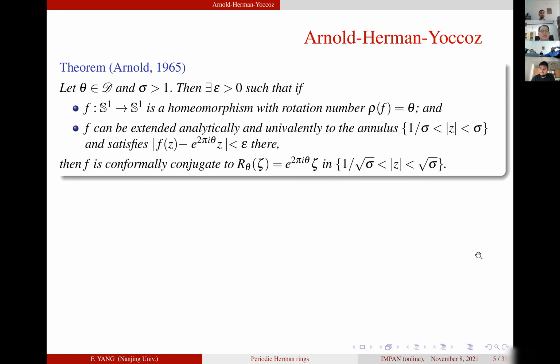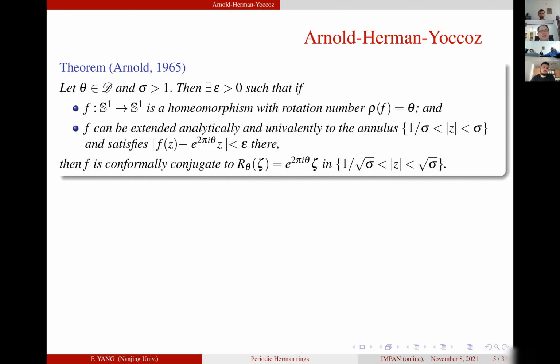Then there exists a positive number epsilon such that if f is a homeomorphism from the unit circle to itself with rotation number theta, and f can be extended analytically and uniformly to an annulus which is a neighborhood of the unit circle, and it also satisfies that it is sufficiently close to the rigid rotation, with the error bounded by epsilon, if f satisfies these two conditions, then f is conformally conjugate to the rigid rotation in a smaller annulus.